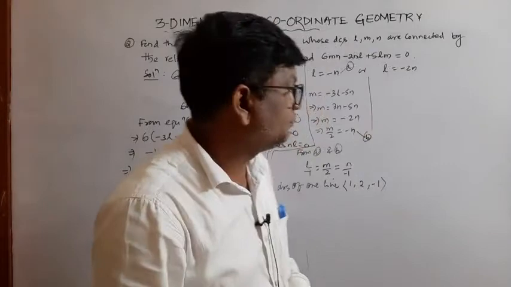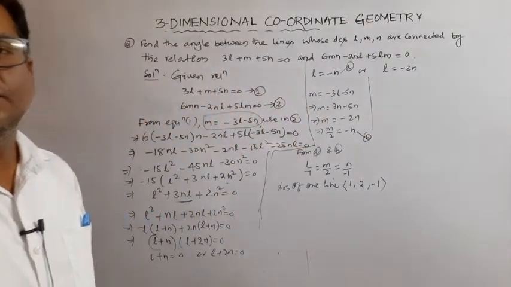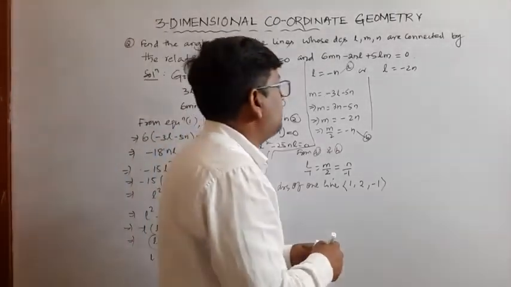Similarly for the other line, L is equal to minus 2N.